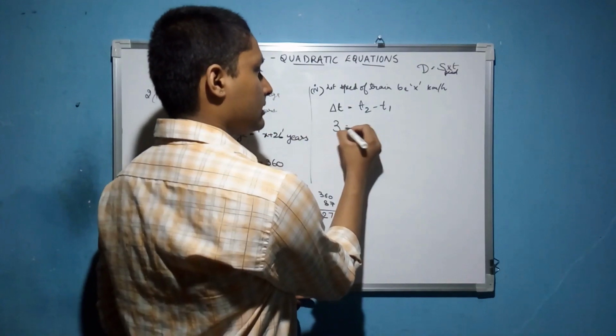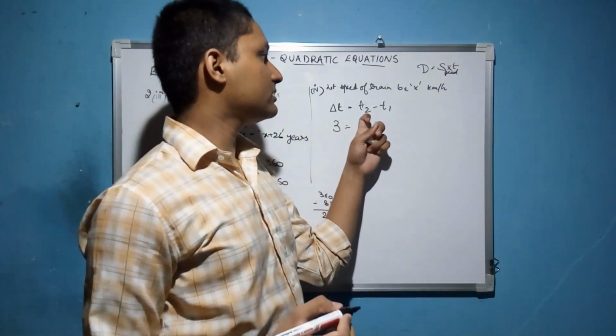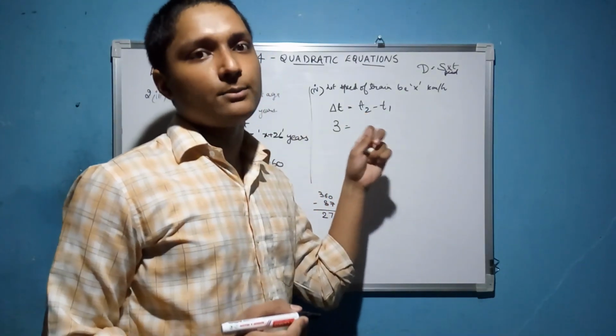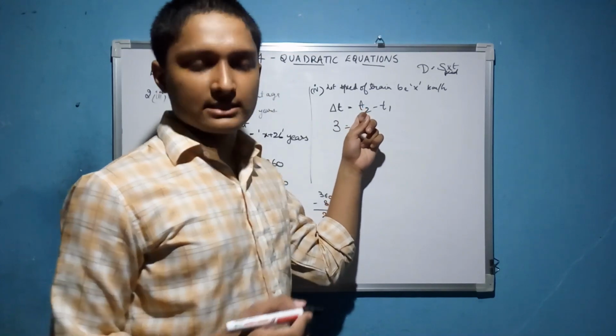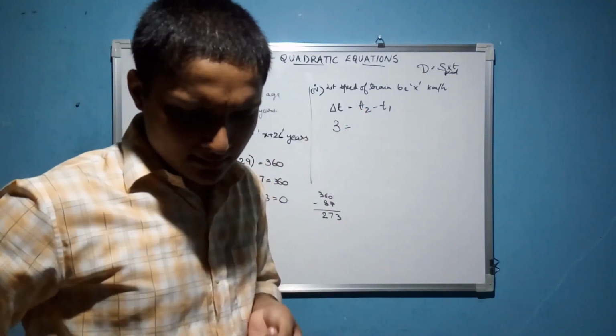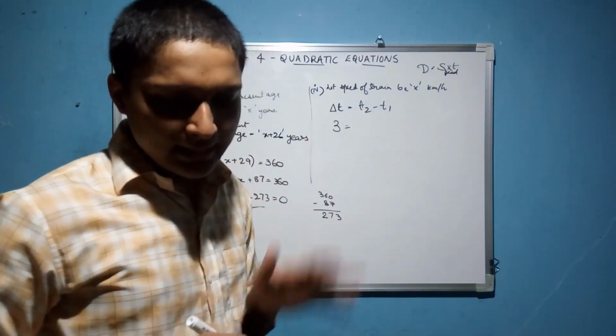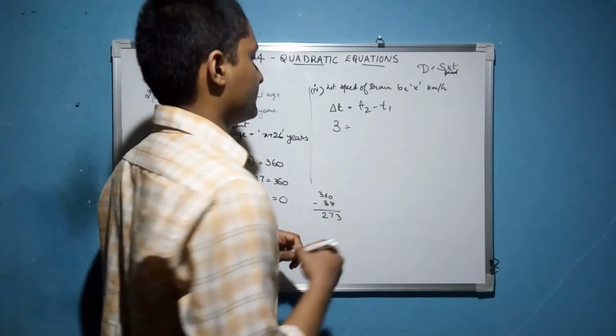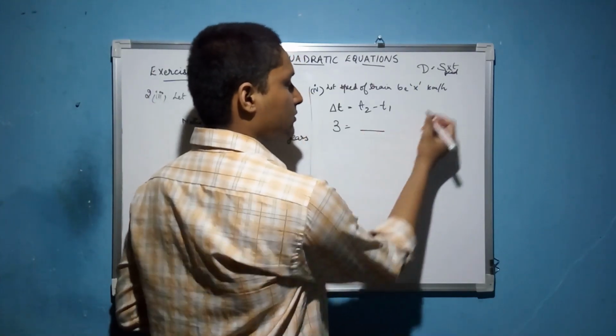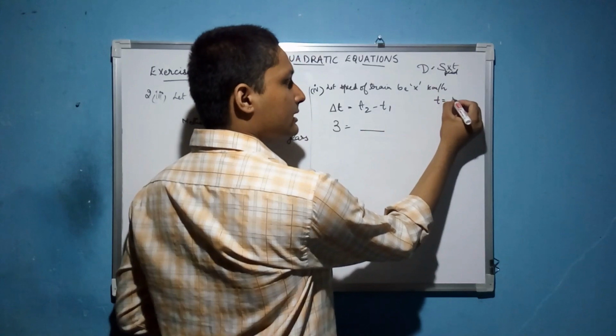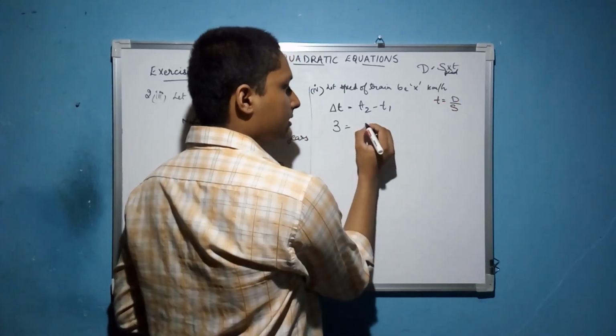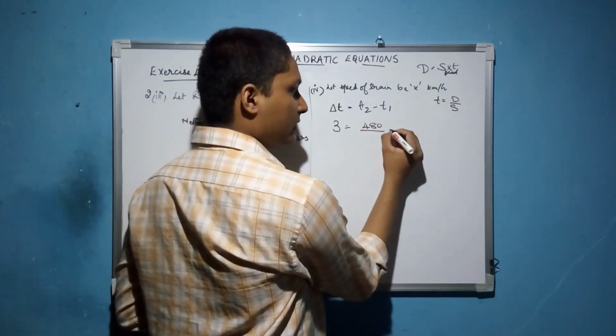Now you have the time required by the train. In the second case, it is going to take more time when the speed is 8 km per hour less. Okay, so time becomes distance divided by speed. Distance in both the cases is 480.